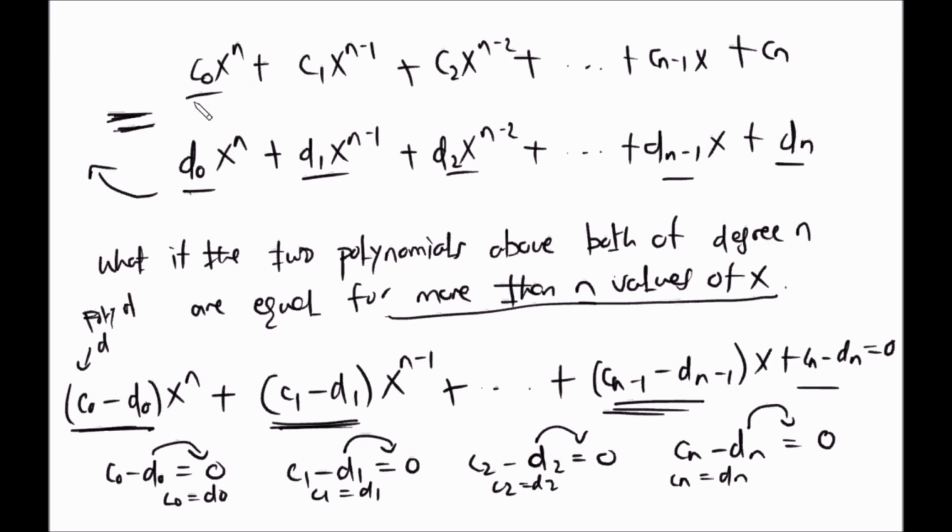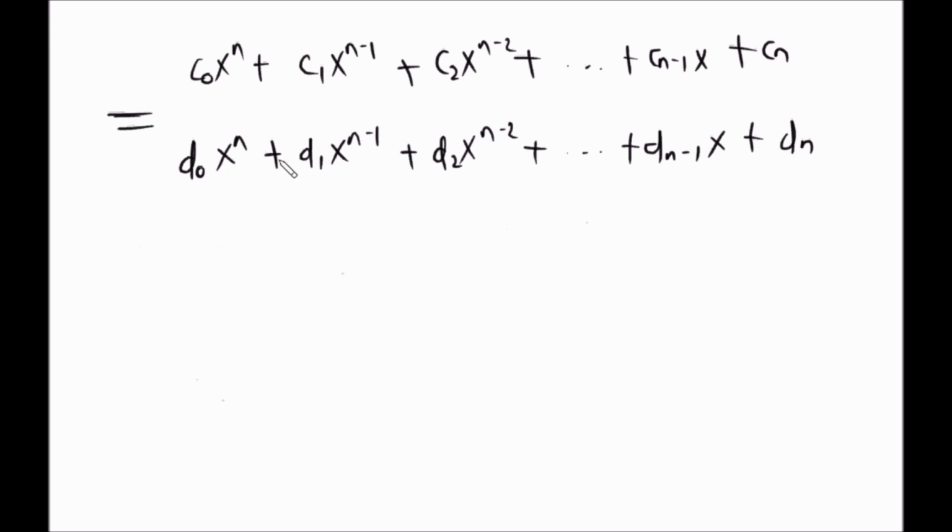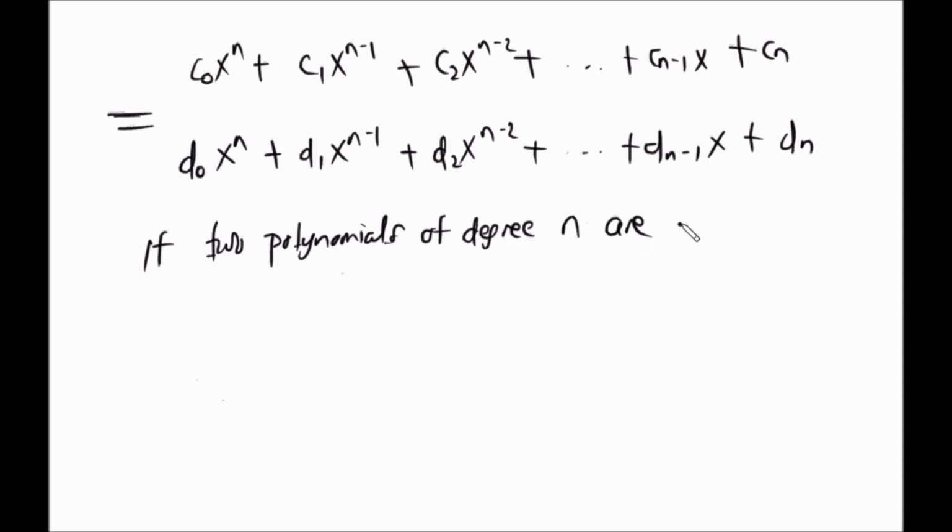So manake nini sasa? Manake if these two polynomials of degree n are equal for more than n values of x, what does that mean? It means that all their coefficients are equal. So I want to write that one. So tumeona if two polynomials hizo hapo juu of degree n are equal for more than n values of x, inakuwaje?